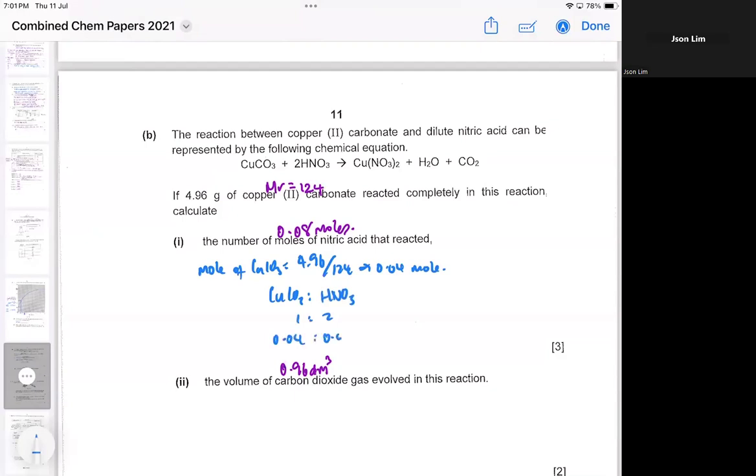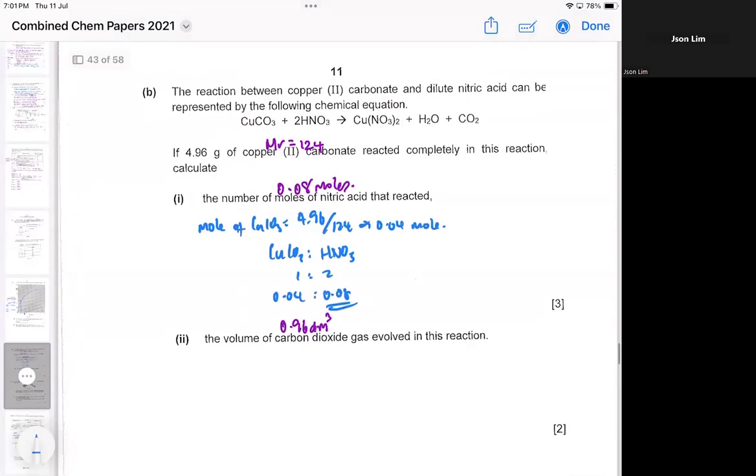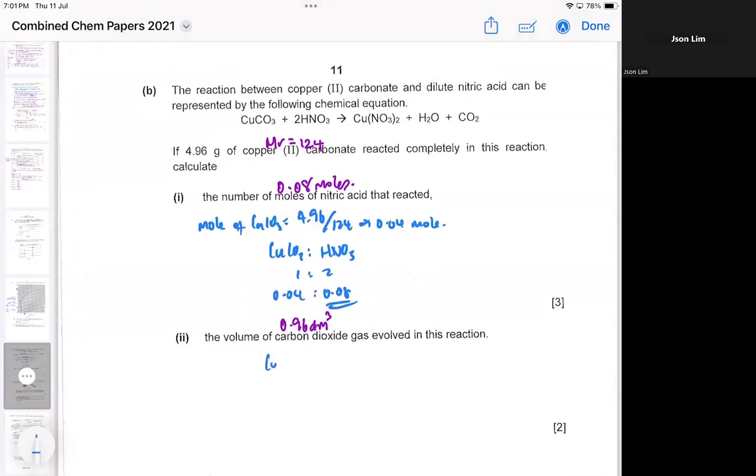Okay, this is our answer. CO2 moles: Cu carbonate to CO2 is 1:1, so 0.04 is to 0.04. So the volume of CO2 will be 0.04 times 24 dm cube, which is 0.96 dm cube. Okay, that's all. You all should have it.